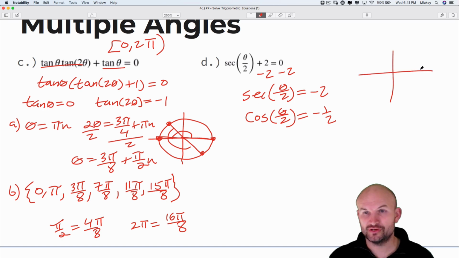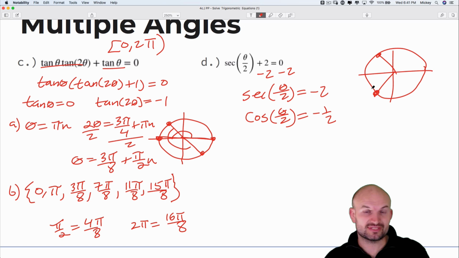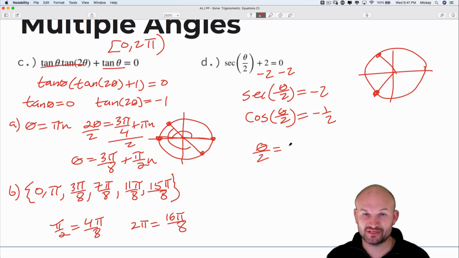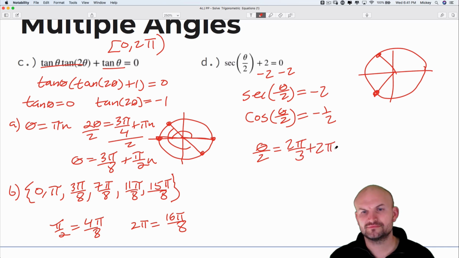So now let's go to the unit circle and say, all right, when is cosine equal to -1/2? That's going to be up here and over there, right? Because cosine's negative, so it's going to be to the left of the y-axis. So those are going to be two angles. They're not equidistant from each other, so I have to write them both out. So therefore, I'll have theta divided by 2 is equal to, let's see, what is that? That's going to be 2 pi over 3 plus 2 pi n.